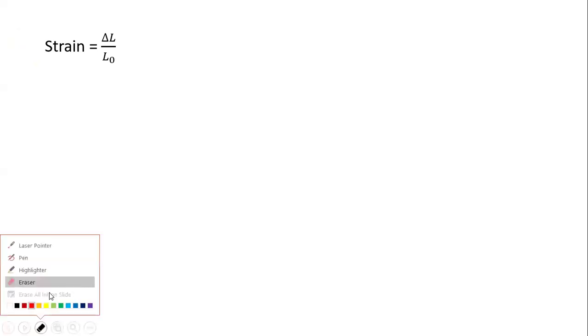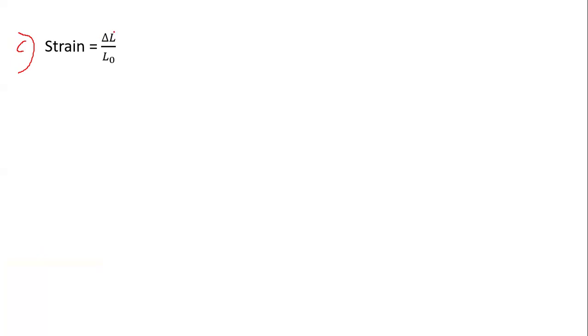What about the shortening in length? Basically, we're just talking about the change in length. We can now go back. In fact, this is our part C. Let me just remove this first. So what about the shortening in length? We review the formula for strain, which is defined as change in length over original length. So what we're looking for is this one on top, which is the change in length.